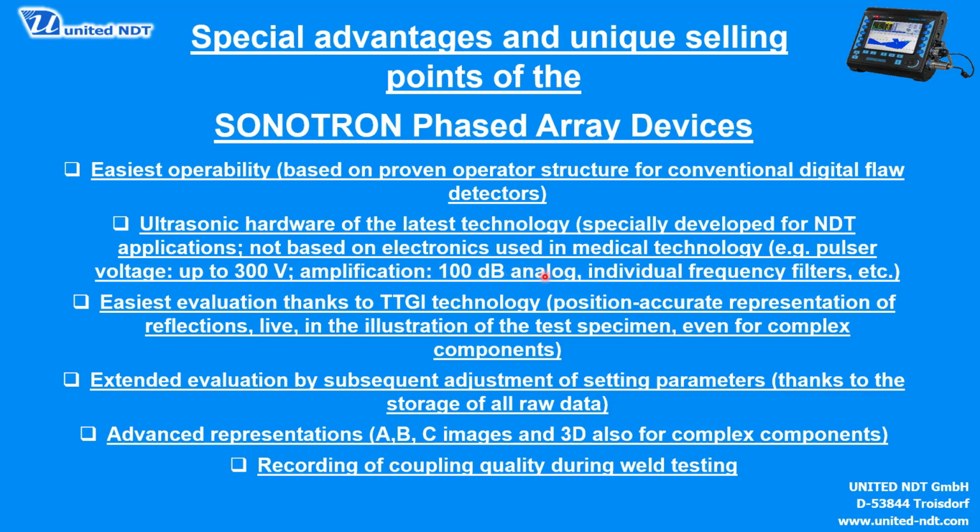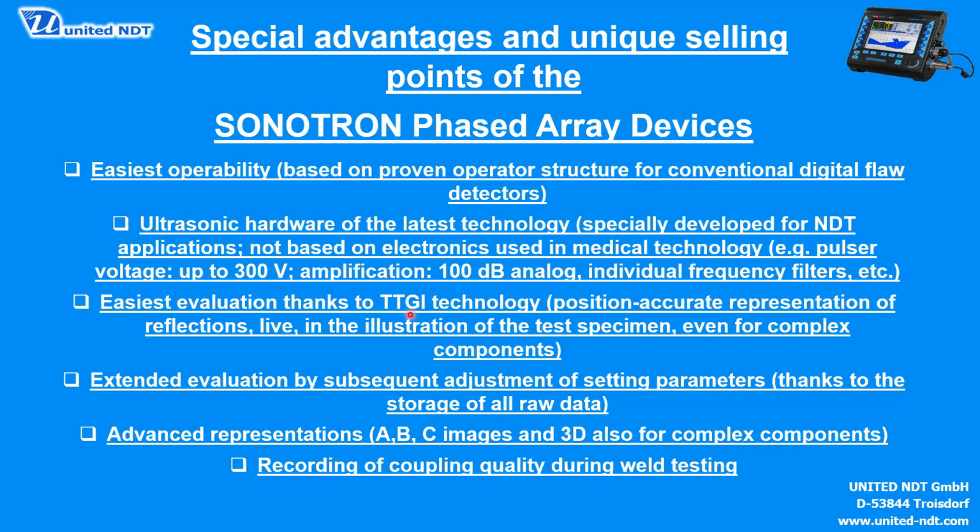And digital means you increase the signal and the noise, so it's not really helpful to have digital amplification. We have 100 dB analog because there are two parts of pulses working. Individual frequency filters and many other things are special here.